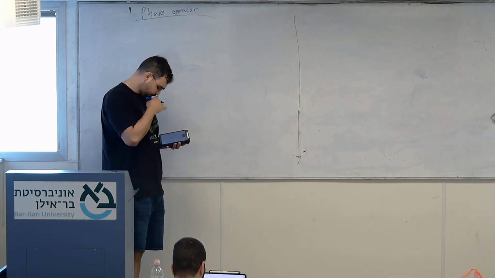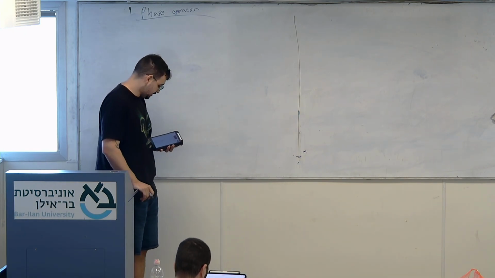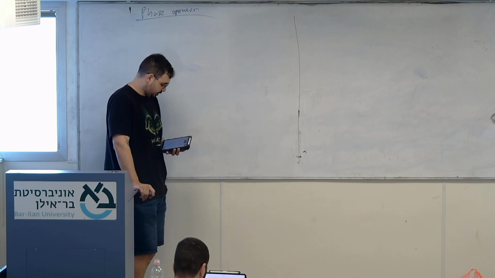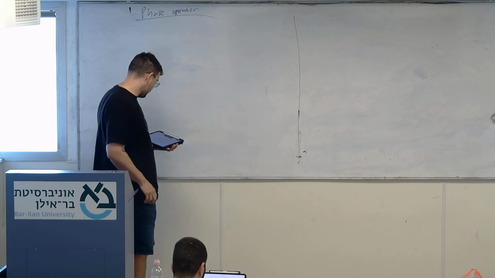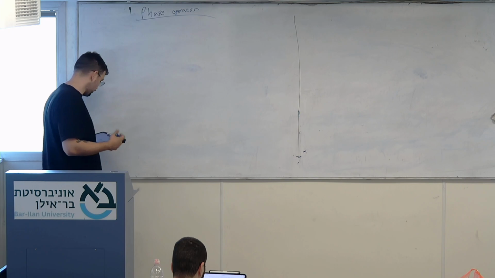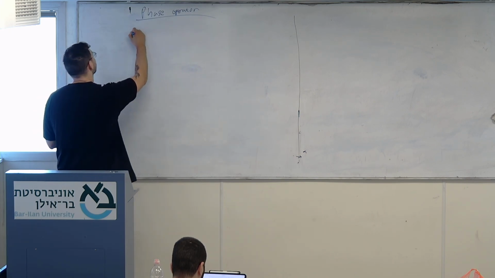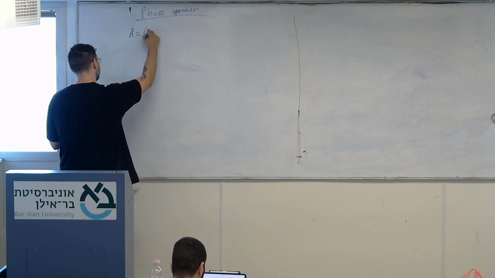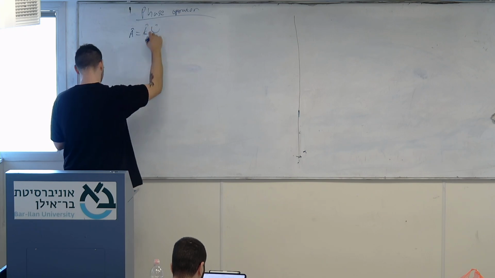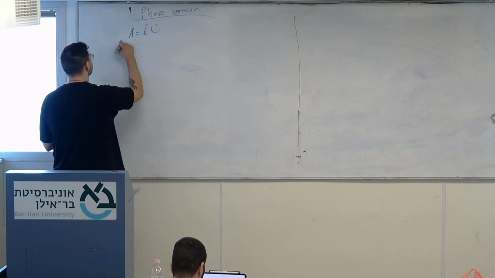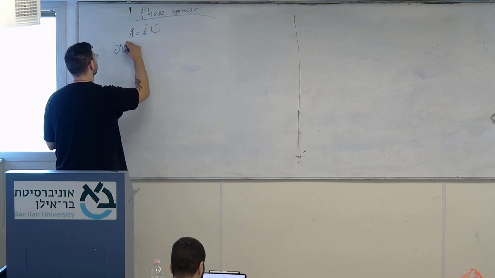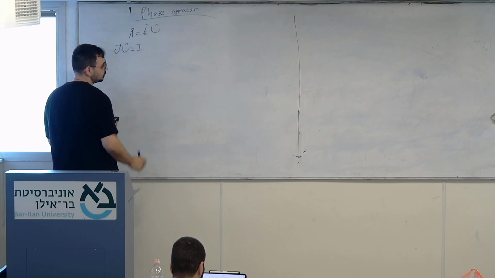So, generally, every operator can be written in what we call the polar decomposition, A equals K times U, where U is a unitary transformation, right?